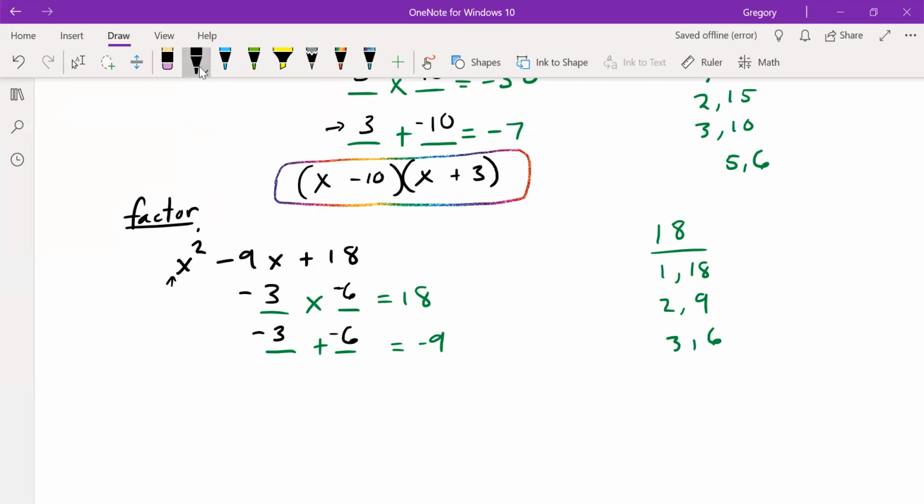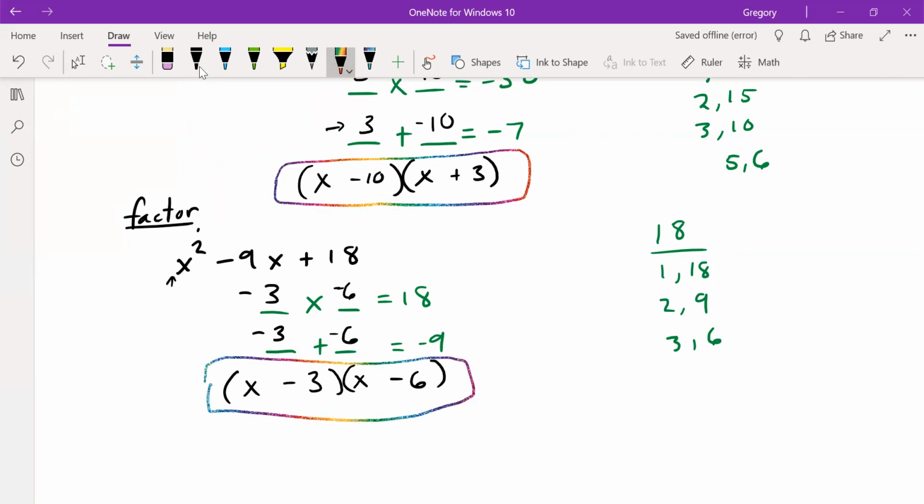So I found my factors. I know because it's a trinomial, I can automatically set this up, x and x. I just need to put them in, negative 3, negative 6, and we are good. Nothing else needs to be done.